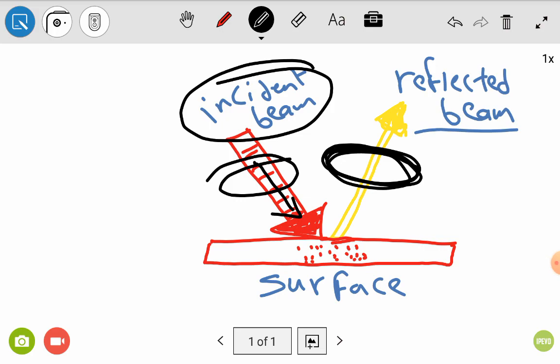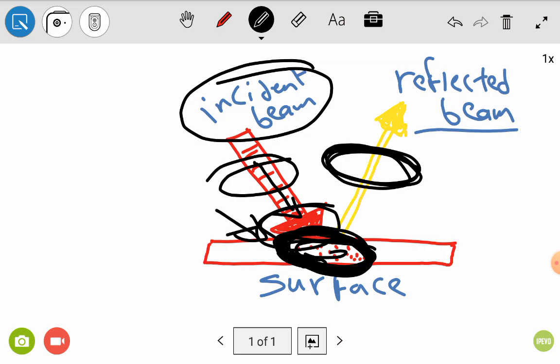The energy goes through the surface, in particles, and because a small amount of energy of the incident beam is absorbed inside the surface, the remaining energy from the incident beam lets the reflected beam go out of the surface with lower energy.